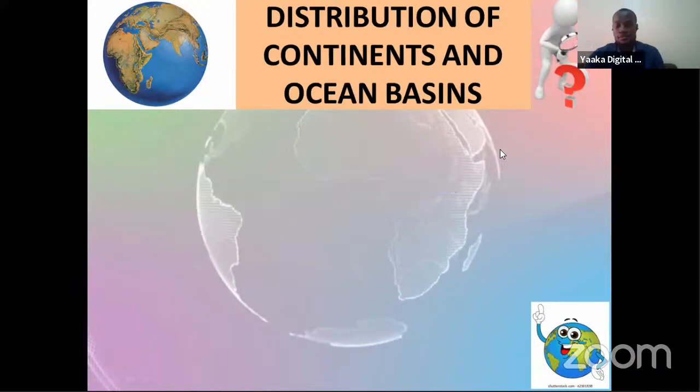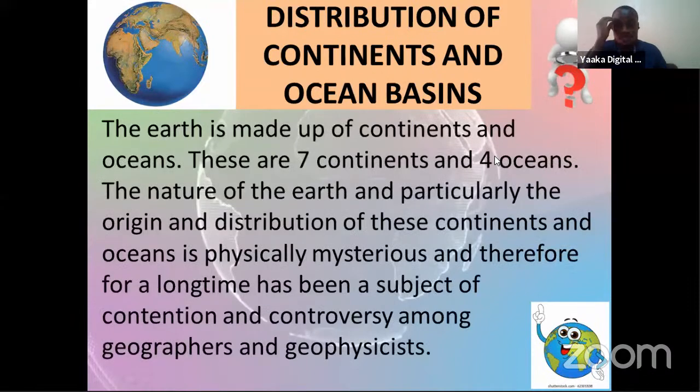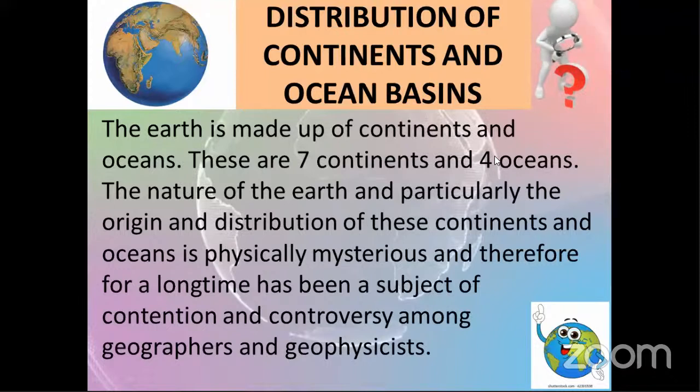Let's have someone take us through this slide. Dorcas, read for us the introductory slide. Distribution of continents and ocean basins. The Earth is made up of continents and oceans. These are 7 continents and 4 oceans.